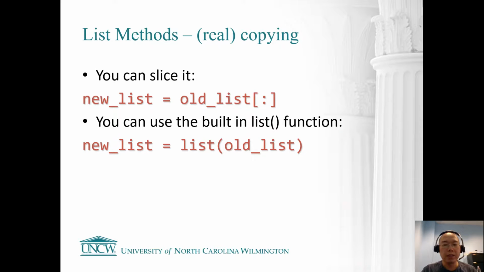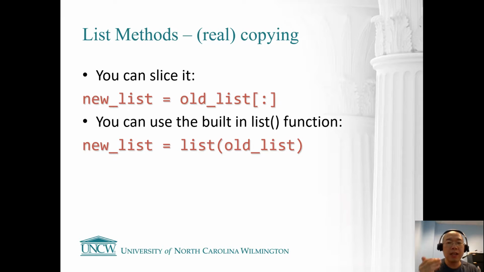This will be a real copy. Another way to do a real copy is to grab the old list and force it to be a list. You are forcing a list to be a list, so nothing changes, but in this way you also get a real copy of the list.